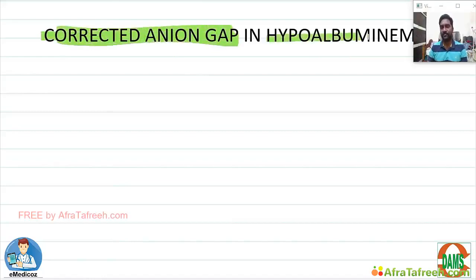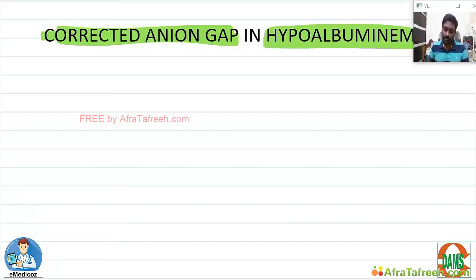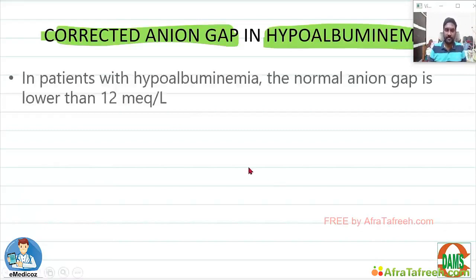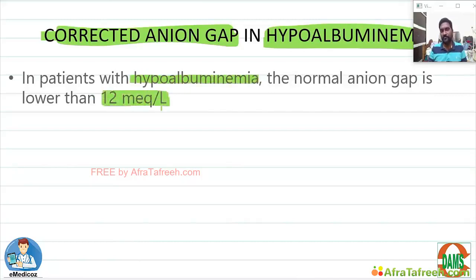Whenever there is less albumin, what is going to happen? The anion gap generally in these patients will be low, but I have to standardize the anion gap equivalent to a normal person of that given age. We already have discussed that in patients with hypoalbuminemia, the normal anion gap is lower than 12 milliequivalents per liter.